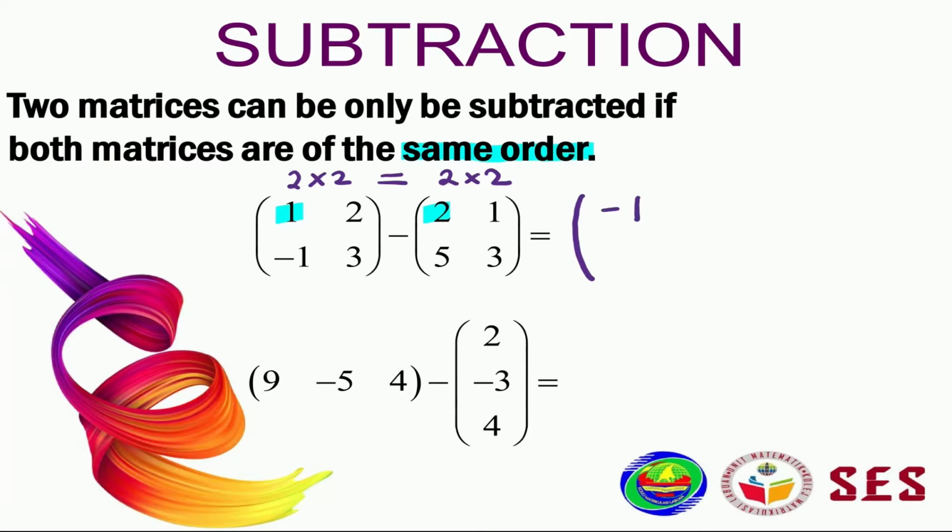So first we have 1 minus 2, which is -1, and then 2 minus 1 is equal to 1. -1 minus 5, which is -6. 3 minus 3 is equal to 0.